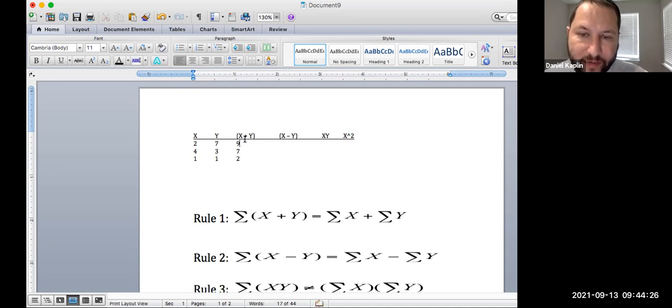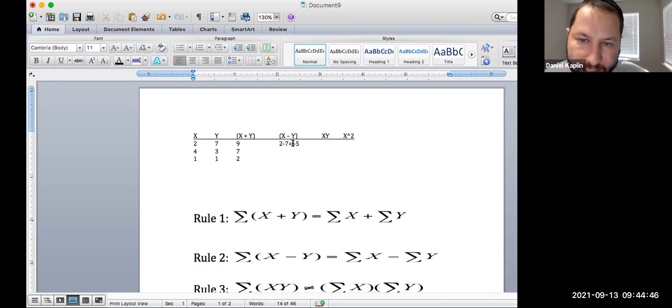Now I need to get to the X minus Y column, right? So here we have 2 minus 7, which should equal -5, right?